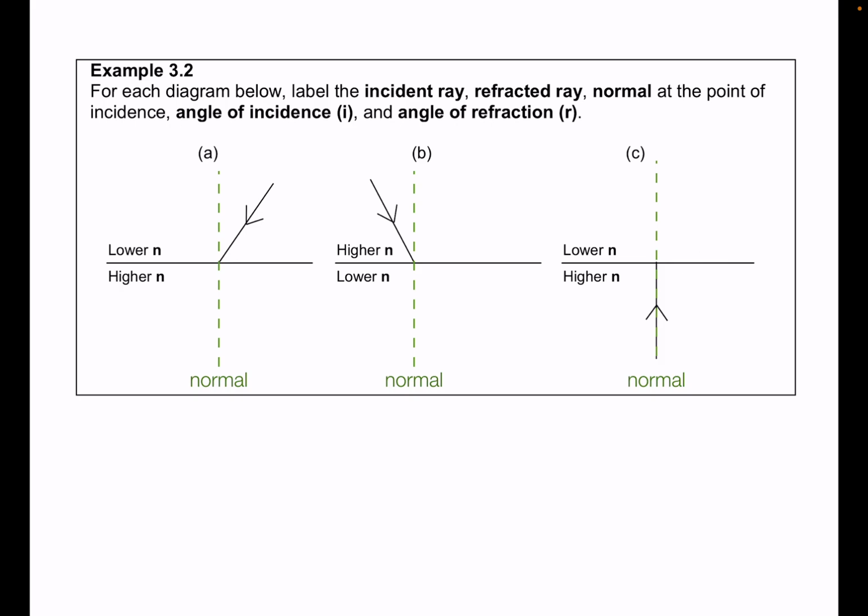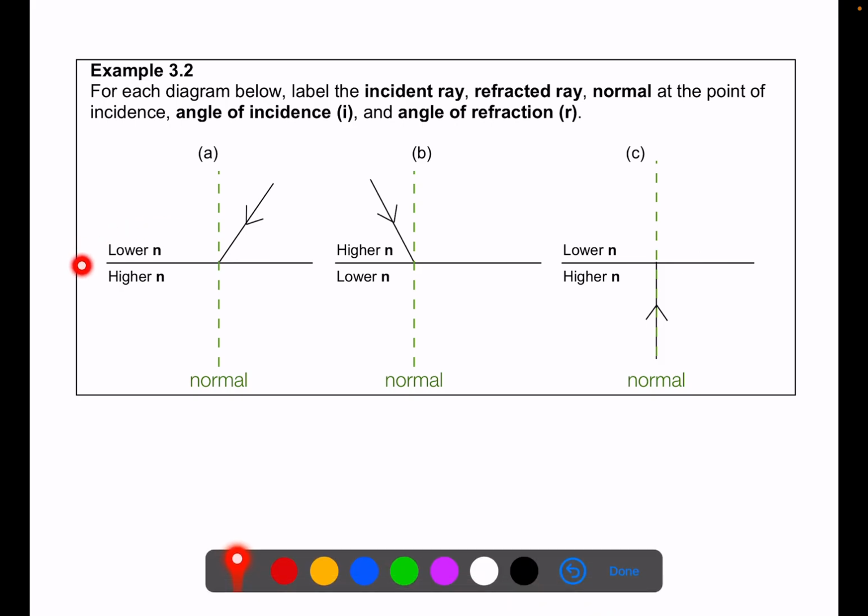Next we want to draw the refracted rays. First we have to analyze, from the change in refractive index, whether the light ray will bend towards the normal or away from the normal.